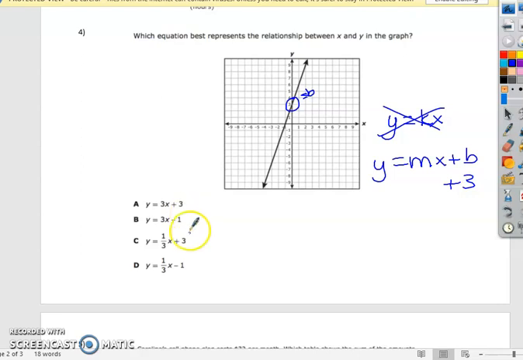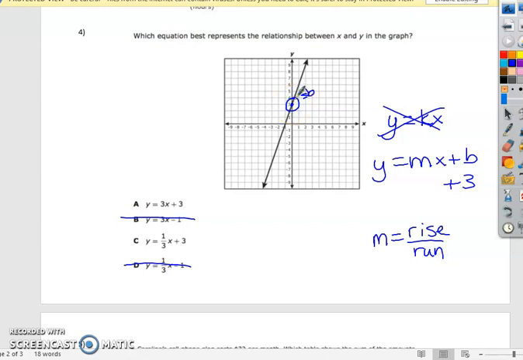Okay, so when I come over here, I know it's not B and I know it's not D. The second thing I notice is my line is going up. So that means my slope is positive. Both of these are a positive slope. Okay, so now I'm going to do rise over run. I need m from a graph, so I do rise over run. And I need to do it from the points, which I'm having a hard time seeing, so I'm going to put them in.